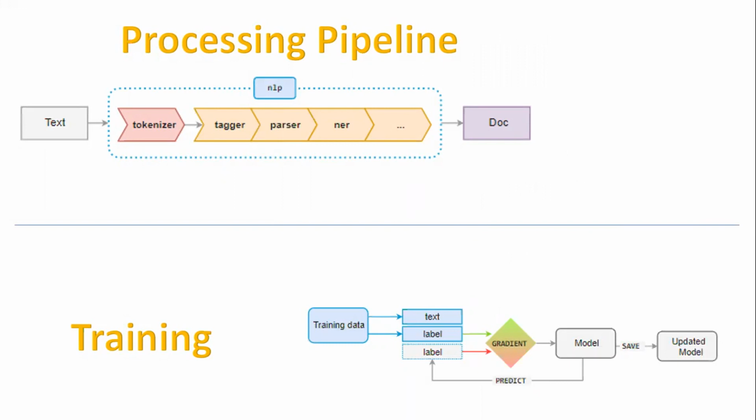This could be a part of speech tag, a named entity, or any other information. The model is then shown unlabeled text and it will make predictions. Because we know the correct answer, we can give the model feedback on its predictions in the form of a gradient that calculates the difference between the training examples and the expected output. The greater the difference, the more significant the gradient and the more the model will improve.